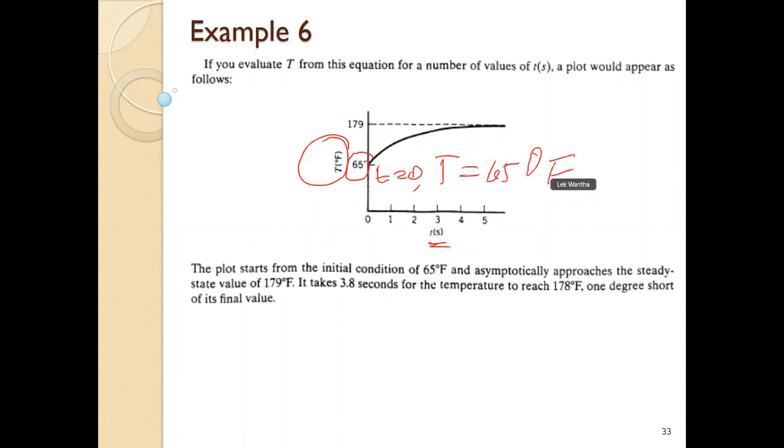And also the temperature approaches T steady state. The temperature approaches the constant temperature at 179.